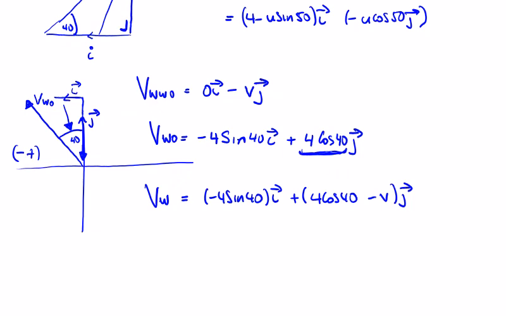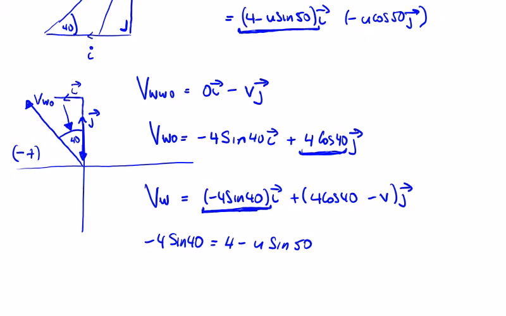If we equate the two velocities of the wind, the i component here is just a number, minus 4 sine 40, and the i component up here has just one unknown, u, so we can find u straight away by equating these. So minus 4 sine 40 is equal to 4 minus u sine 50.